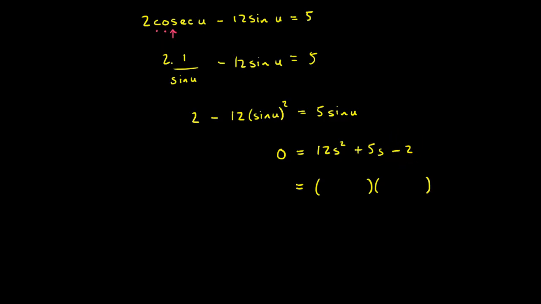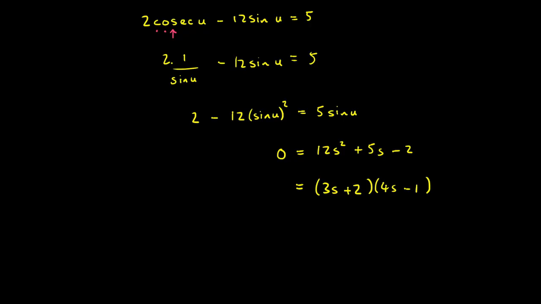For -2, I'm looking for two numbers that multiply together to give -2, so it's either +2 and -1, or the other way around, -2 and +1. Well, I did this earlier, I must confess, so I was able to fiddle around with the numbers and get that 3 sine plus 2 times 4 sine minus 1 makes everything work.